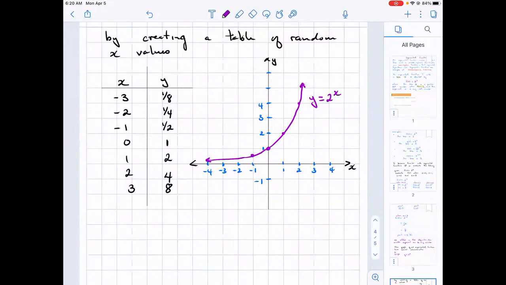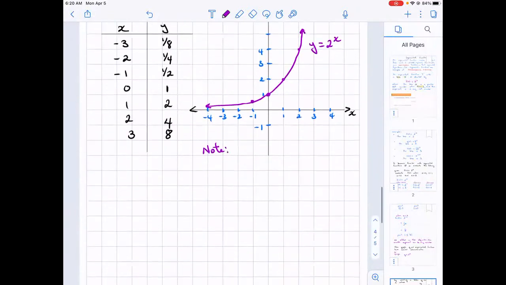And this will be the function y equals 2 to the x. Some of the key points to note: the graph does not cross the x-axis.